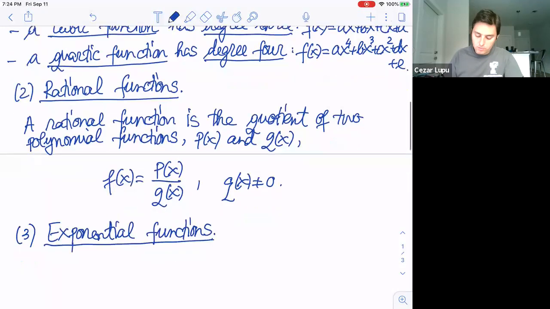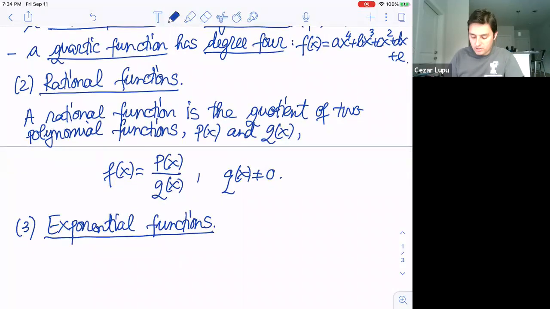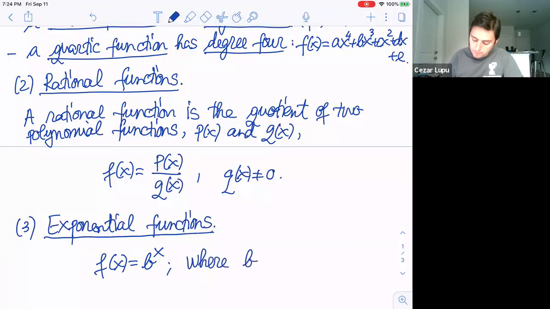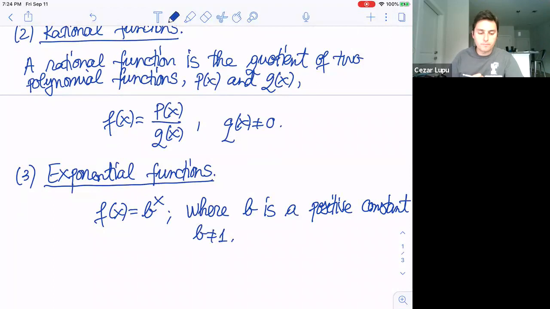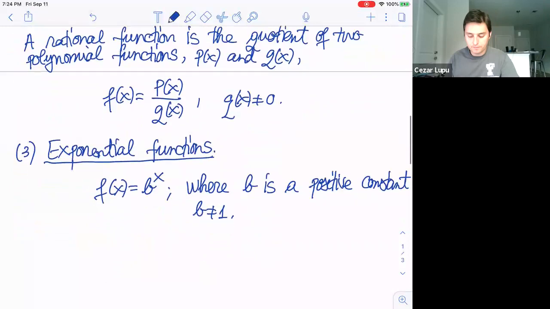The exponential functions are given by f of x equals b to the power x, where b is a positive constant and b is not 1. So these are the exponential functions.